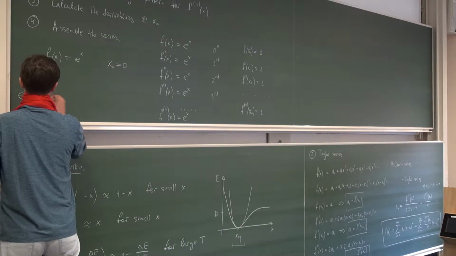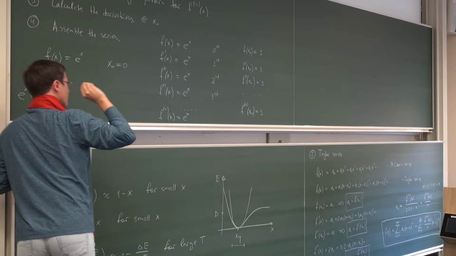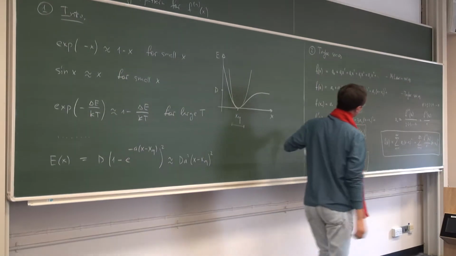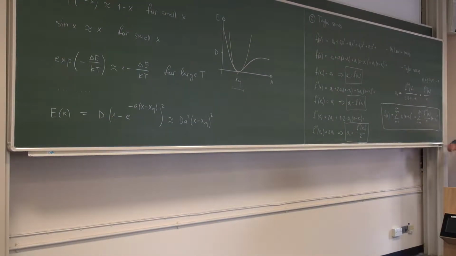So item number 4 is to build it. E to the x is equal to a sum from n equals 0 to infinity, as per the definition here. As we just discovered, all of these derivatives are equal to 1. And so in the numerator, we simply have 1.